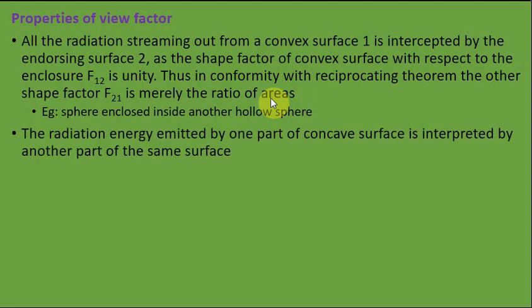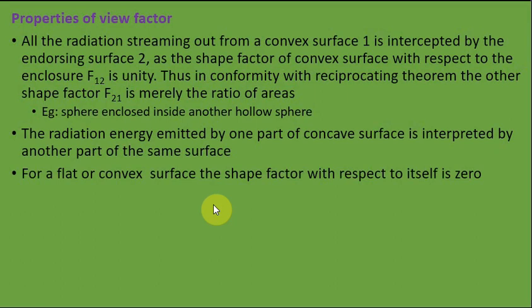The next rule is that the radiation energy emitted by one part of a concave surface is intercepted by the other part of the same surface. That means in the case of a concave surface, a part of the radiation energy emitted by the concave surface will be absorbed by the same body itself.